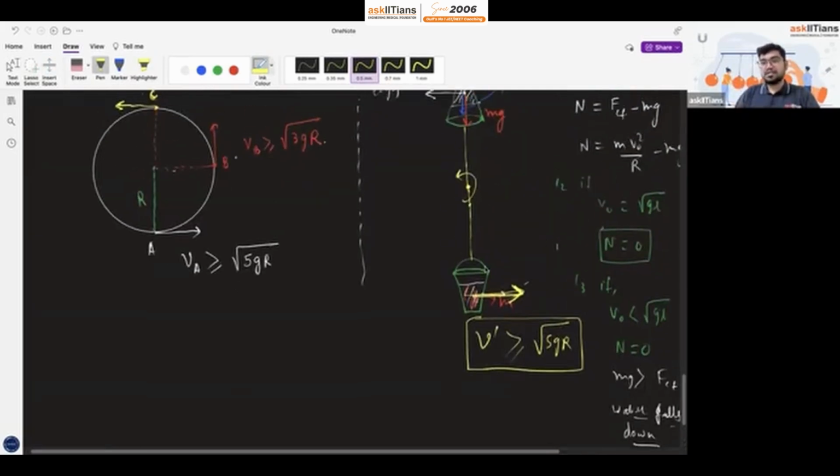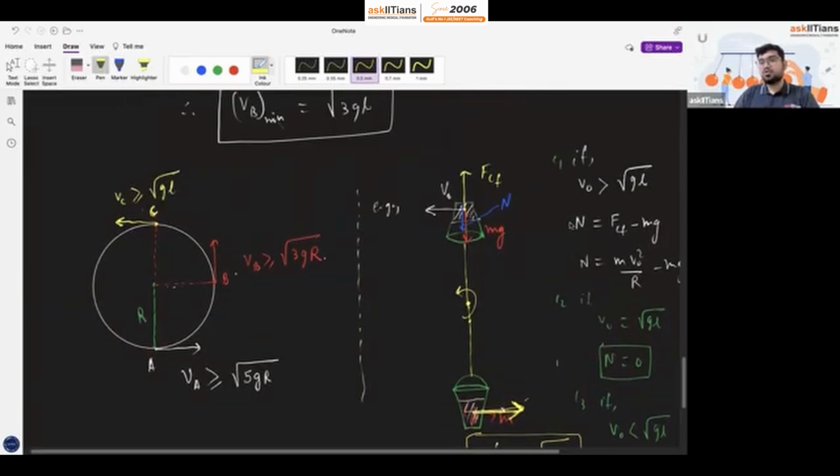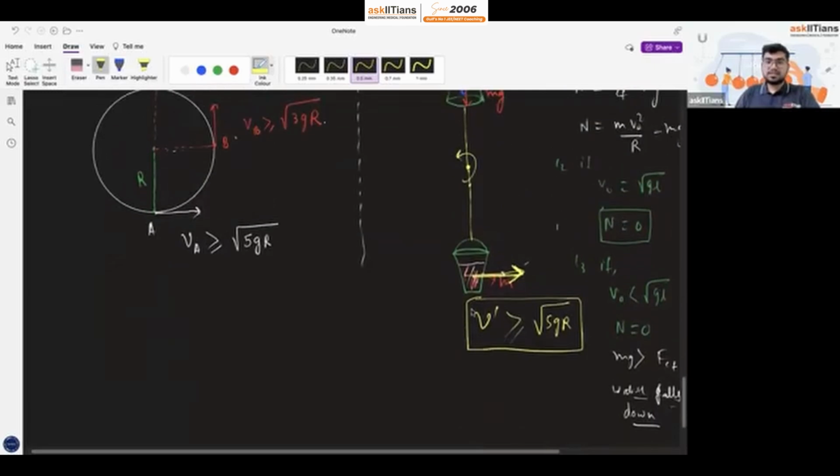Because of that, they get a very huge normal reaction, and that normal reaction gives them the sense of their weight. So if it is mg which they feel on the surface of Earth while standing, there, to get a higher g-force, this normal reaction increases, like it would be more than mg. Okay, so these are certain things.